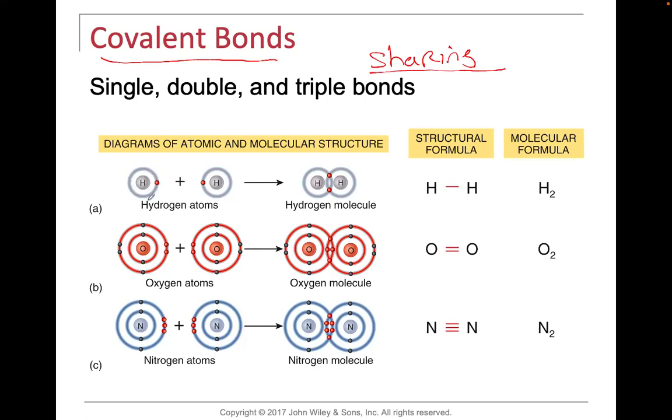Is that stable or unstable? Well, that's unstable because we know that the first electron shell must have 2, but there's only 1. But if we take this hydrogen and this hydrogen and put it together, now we have a molecule. A molecule is when we bring 2 of the same together.